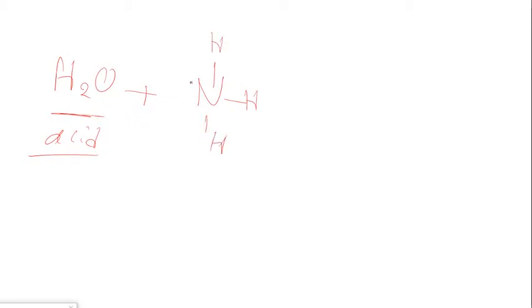The ammonia, NH3, has three protons, and the nitrogen has a lone pair. In that case, because water is less basic than the ammonia, the ammonia will act as a base, and the H2O will act as an acid.